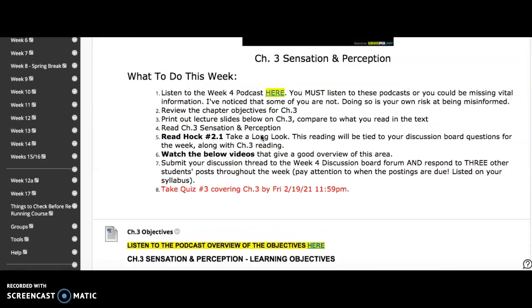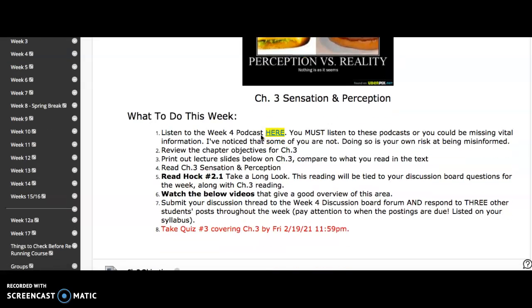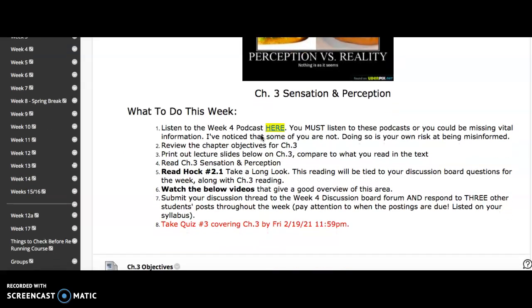Please remember that with your discussion posts, you want to make sure you're responding to the original question by Friday, and that you're waiting to respond to other people, your 3 responses, until after everyone's posted. So after that Friday due date, you can go ahead and respond to 3 other people.